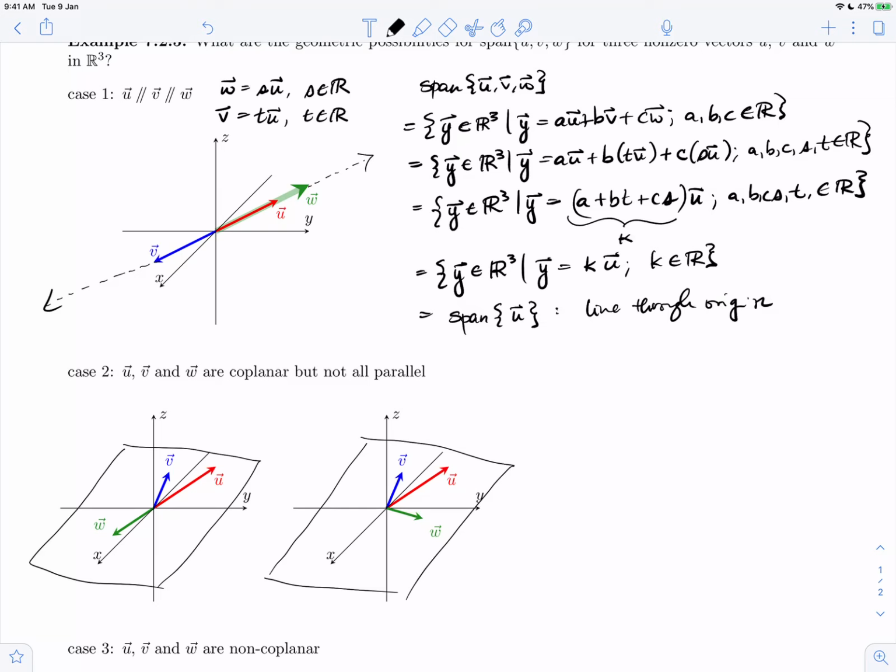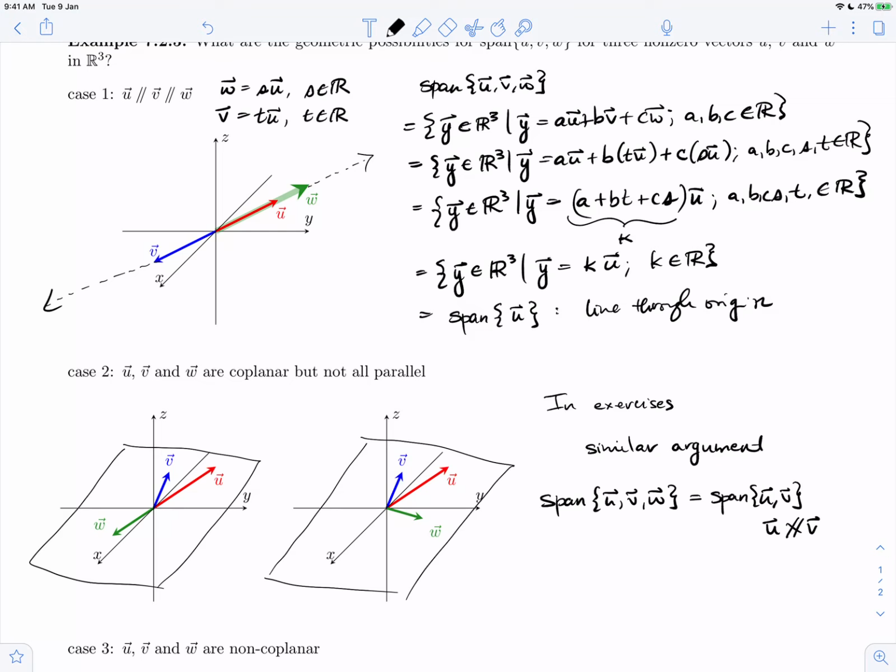In the exercises that accompany these videos, you will make a similar argument to what we did just above in case 1, and you will show that the span of u, v, and w in these cases is the same as the span of u and v, where u and v are always taken as non-parallel but coplanar vectors.